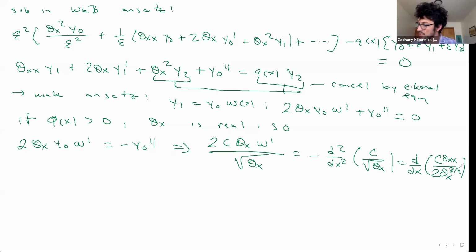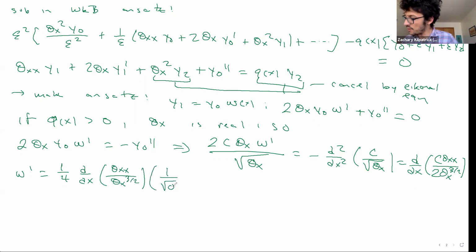And if we write this by isolating w prime, then we have a fourth d dx of theta xx over theta x to the 3/2, times 1 over square root of theta x.